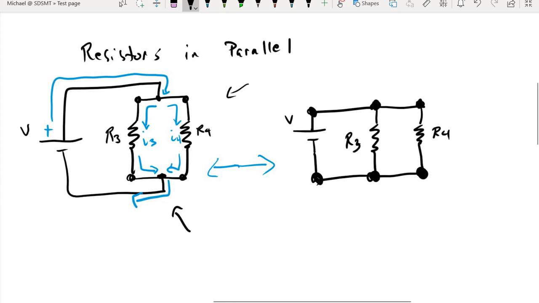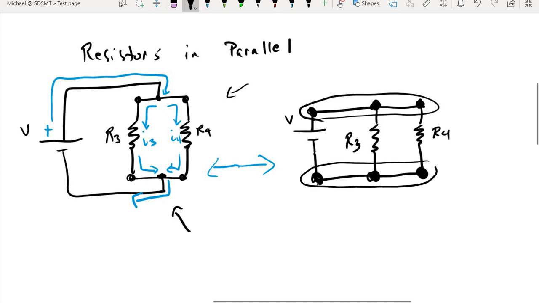And so right away, that tells us that all three of these points right here are actually just one single connection in the circuit. And all three of these points here are just one connection in the circuit. In other words, resistor 3 is connected directly to the head and tail of the battery.